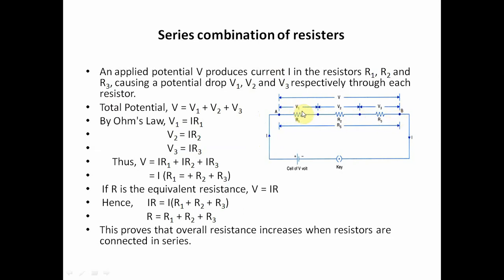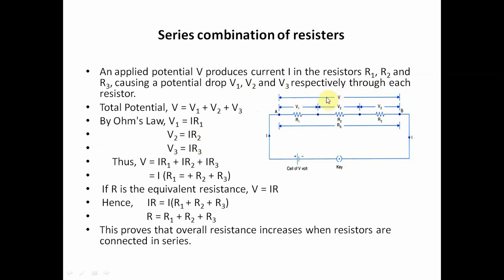Let V1 be the potential across the first resistor R1, V2 across the second resistor R2, and V3 across resistor R3. The total potential is V of the combination of resistors. So that is the explanation of the diagram.